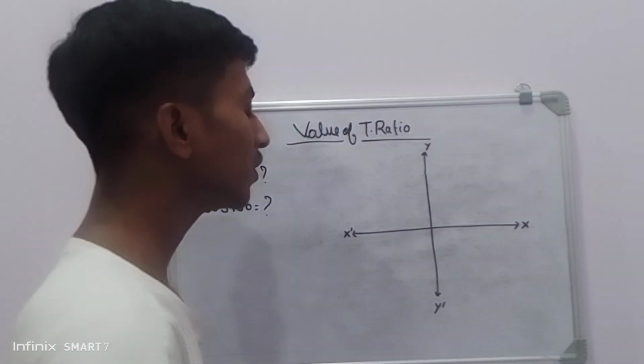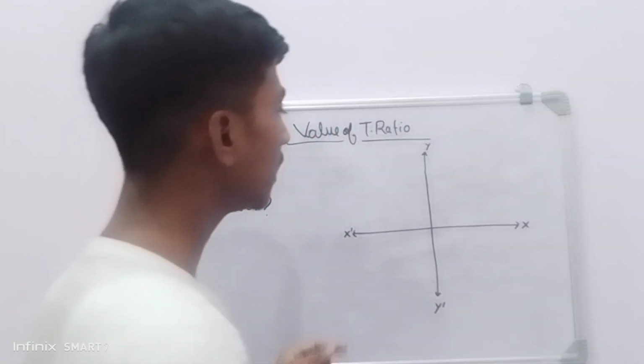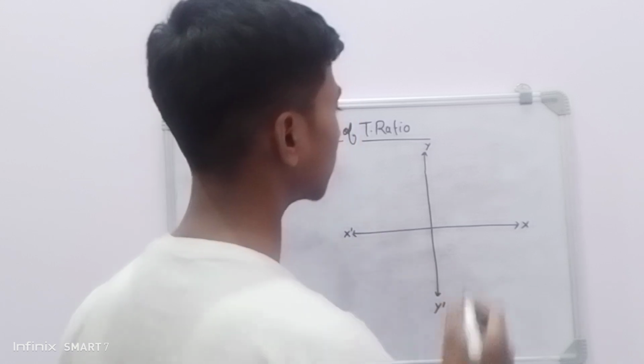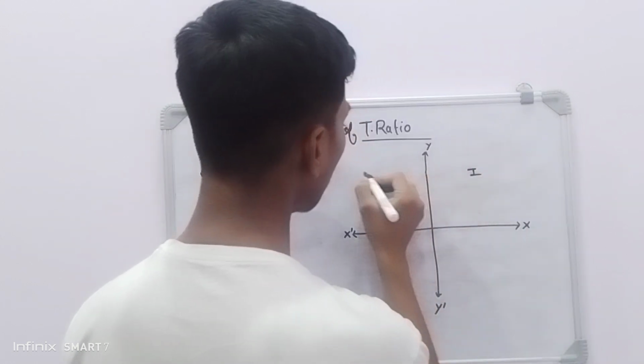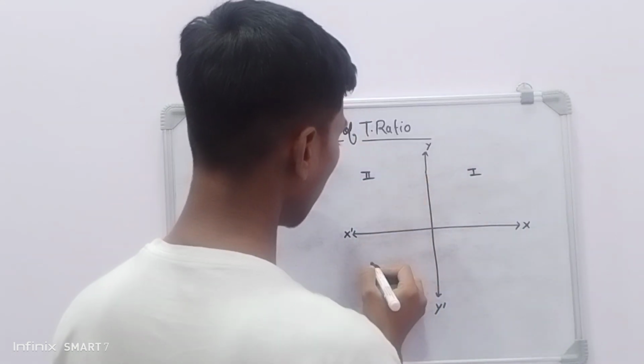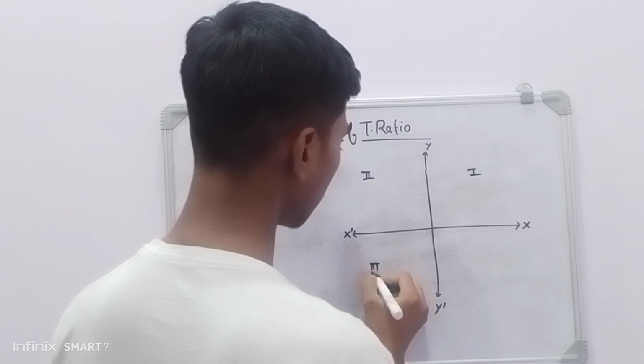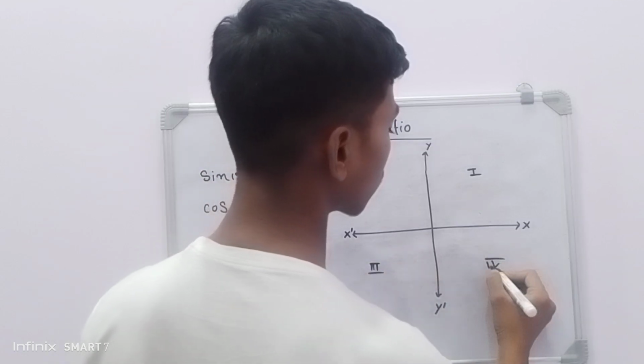First of all, we know that in coordinate geometry we have the x-axis and the y-axis. This is called the first quadrant, this is the second quadrant, this one is the third quadrant, and this one is the fourth quadrant.